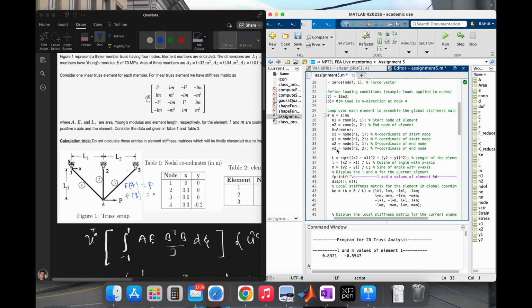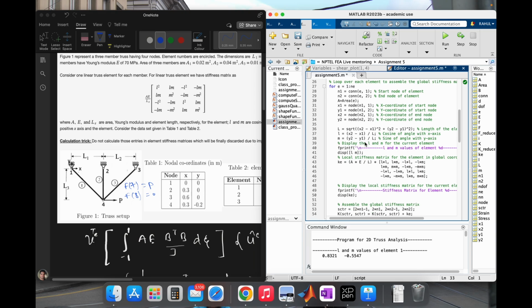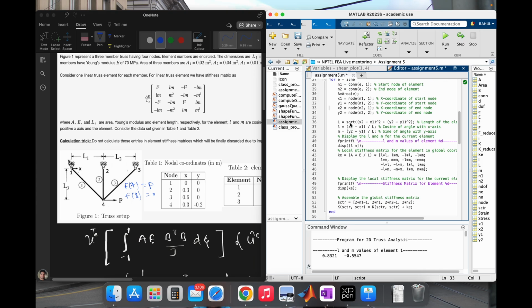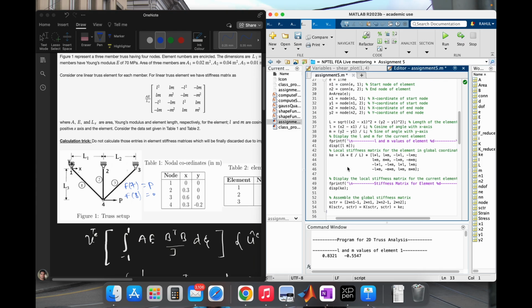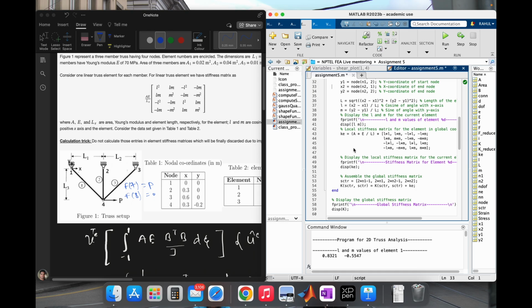Accordingly it will calculate capital L, the length of the bar, and small l is the cosine of the angle of that particular bar, and m is the sine. So here we will get capital L, small l and small m. Now we can print the values of L, l and m corresponding to a particular element.